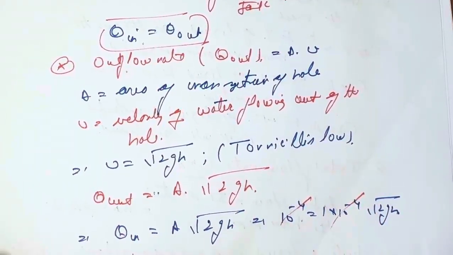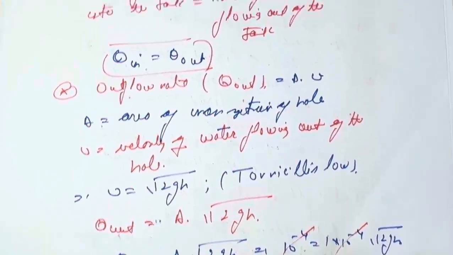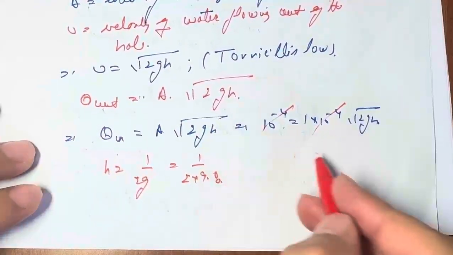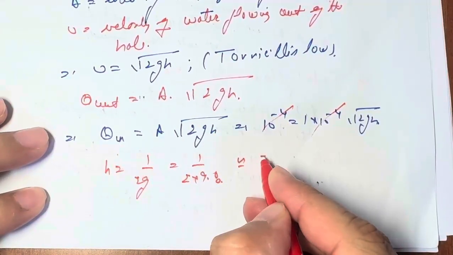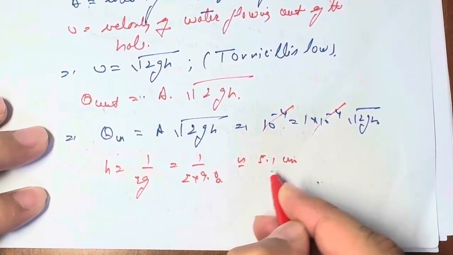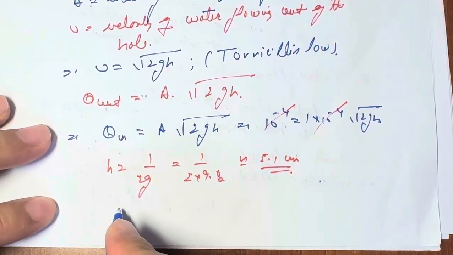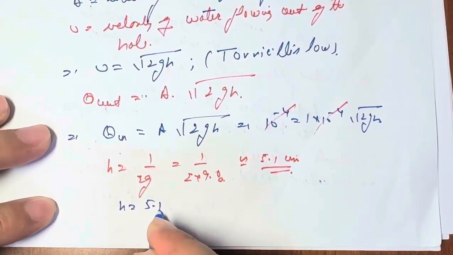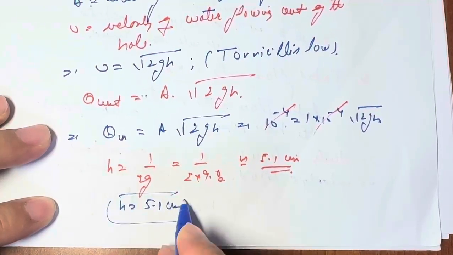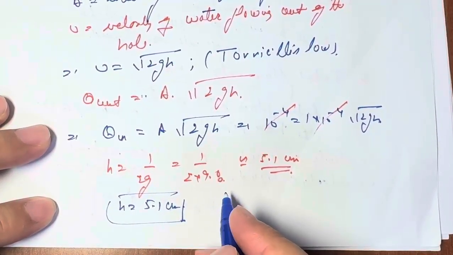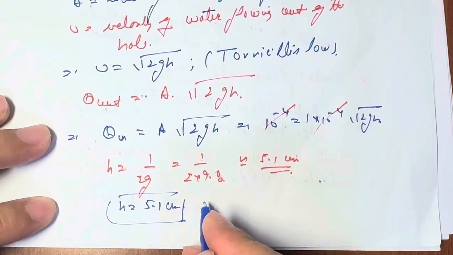The 10 to the power minus 4 terms go away. So we can write that h will be equal to 1 upon 2g, or 1 upon 2 into 9.8, which is approximately equal to 5.1 centimeters. We get 5.1 centimeter, and this is the height of the water in the tank.